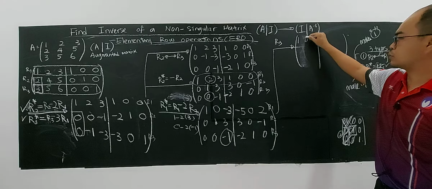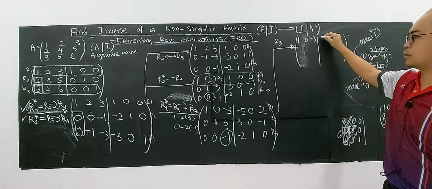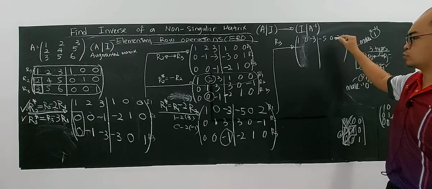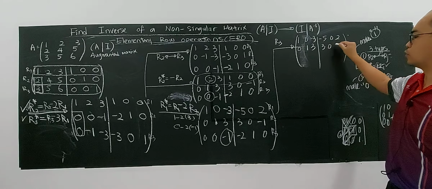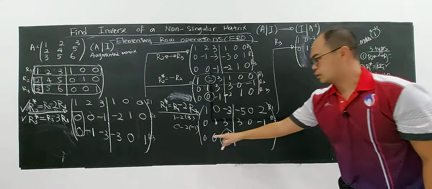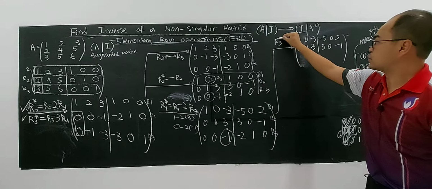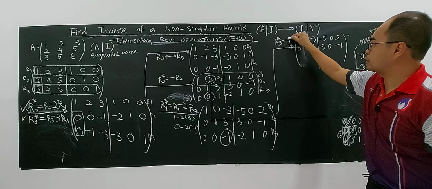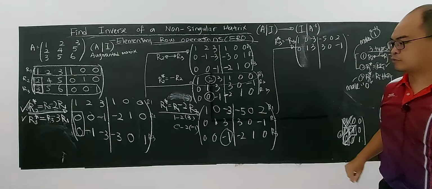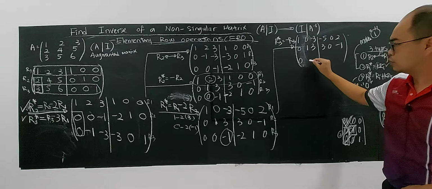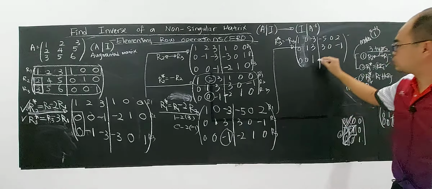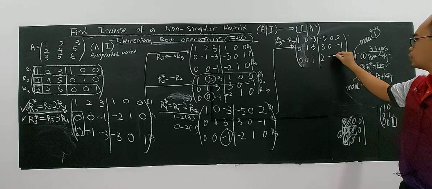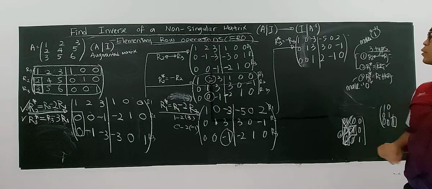So 1, 0, negative 3, negative 5, 0, 2. 0, 1, 3, 3, 0, negative 1. The third row is multiplied by negative 1 so that it becomes positive: 0, 0, 1, negative 2 multiplied by negative 1 is 2, negative 1, 0.